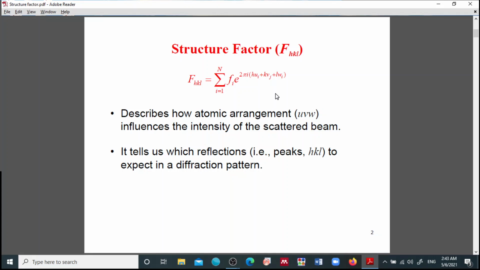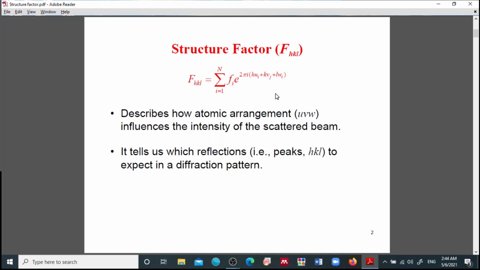For example, if we consider a simple cubic structure, then the scattered intensity of this sort of lattice will be totally different from the one whose crystal structure is body-centered cubic, right? And this body-centered cubic structure will give you intensity totally different from the face-centered cubic structure.